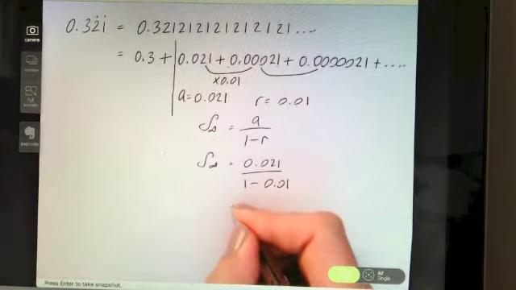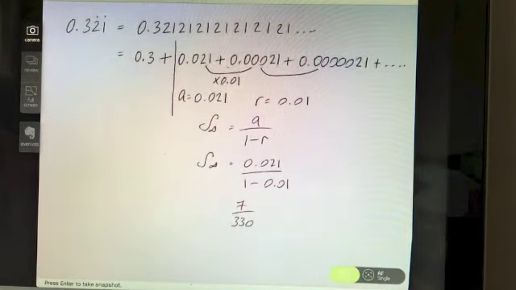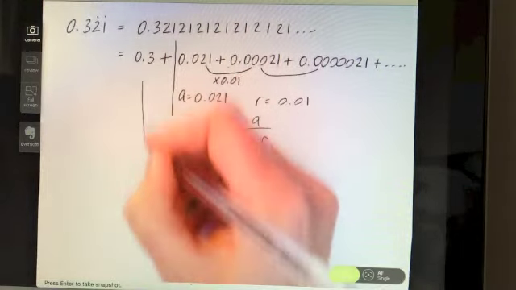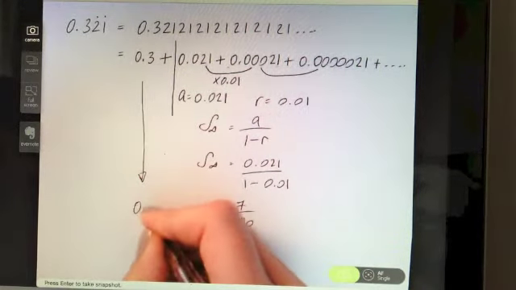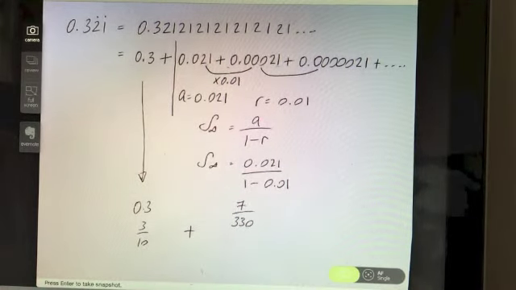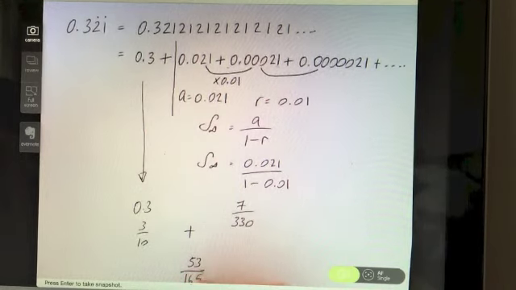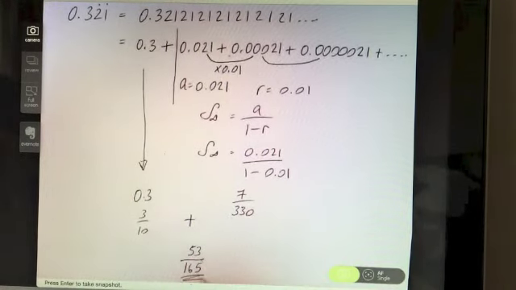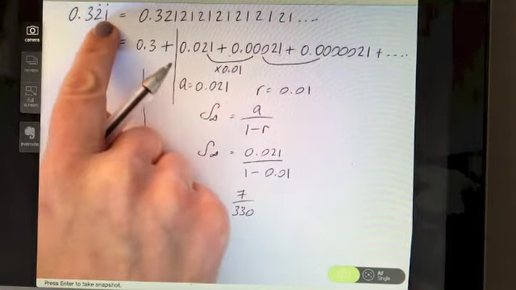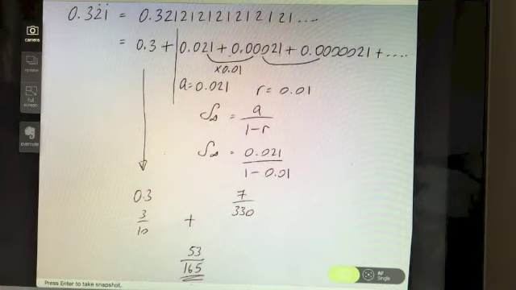That works out to be 7 over 330. But don't forget, we still have this 0.3 or 3/10 that we need to add on here. So adding on 3/10 plus 7 over 330 gives you the final result of 53 over 165. And that is 0.32121212121 recurring as a fraction.